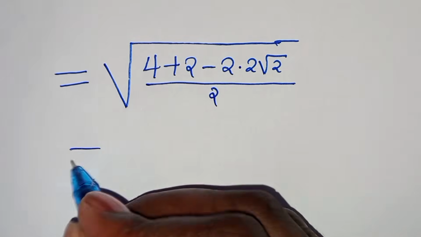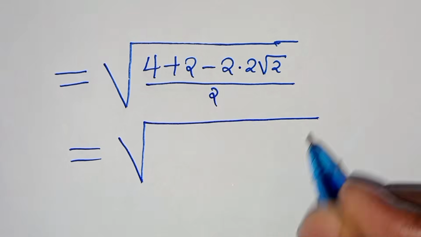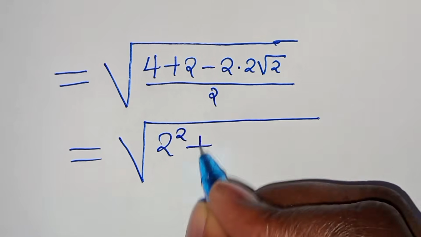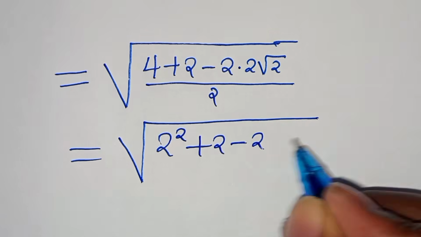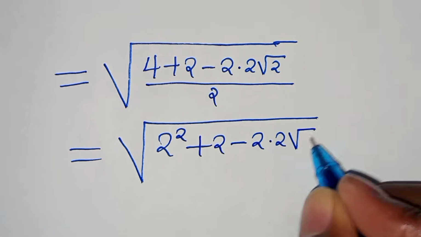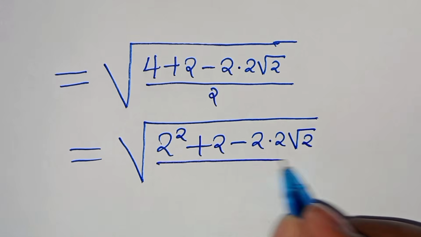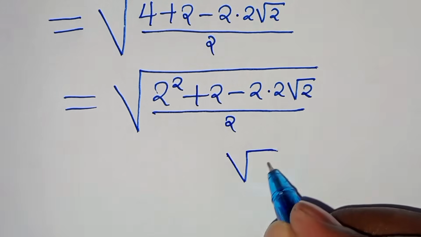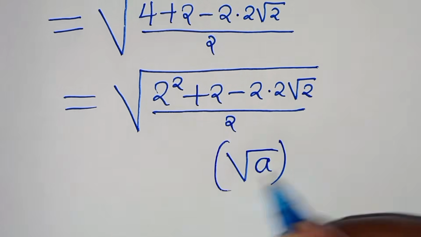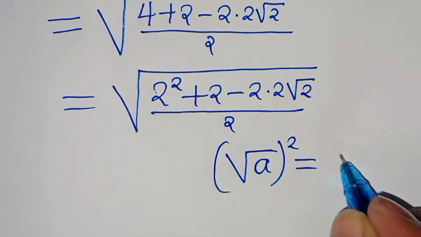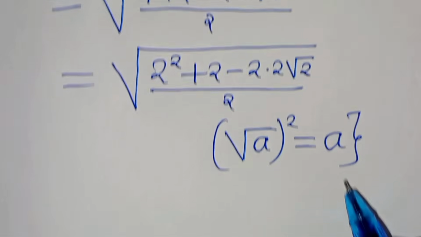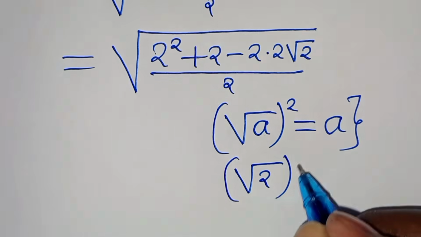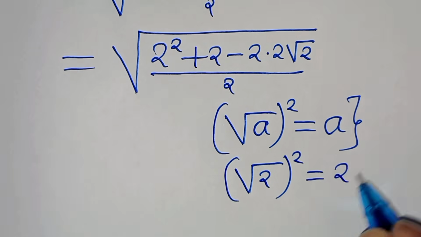Now this means that we have the square root of, we can express 4 as 2 to the power of 2, then plus 2 subtract 2 times 2 square root of 2, divided by 2. Now if we have the square root of a raised to the power of 2, this is the same thing as a. So this means that the square root of 2 to the power of 2 is the same thing as 2.